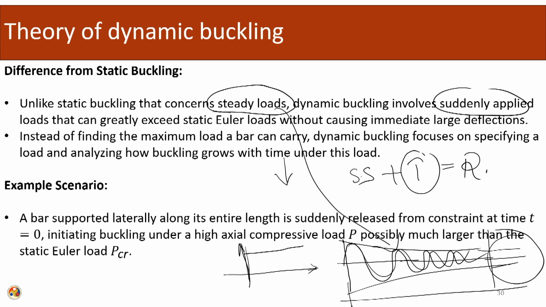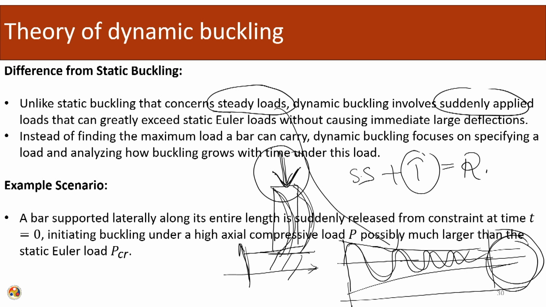In the static case of buckling, like a bar, we take a particular applied load and we try to see what is the value that will cause the buckling in this system. So, under static condition we try to estimate the load that will cause the buckling.